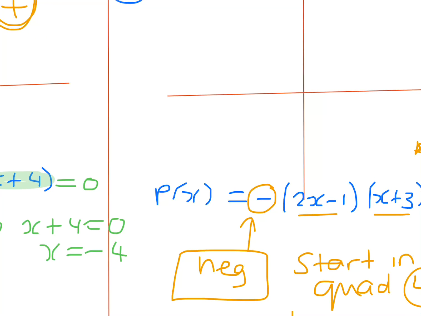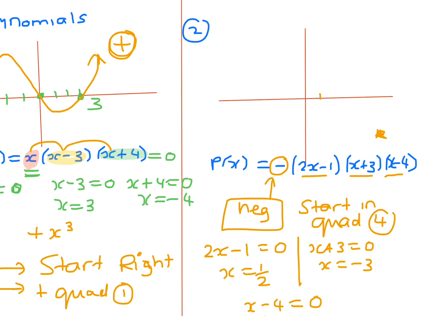So we are going to cut at 4, minus 3, and also at a half. So it needs to start down in that lower quadrant down here, because it's a negative one. Cut at 4, come up, cut at a half, come up, and cut at minus 3.